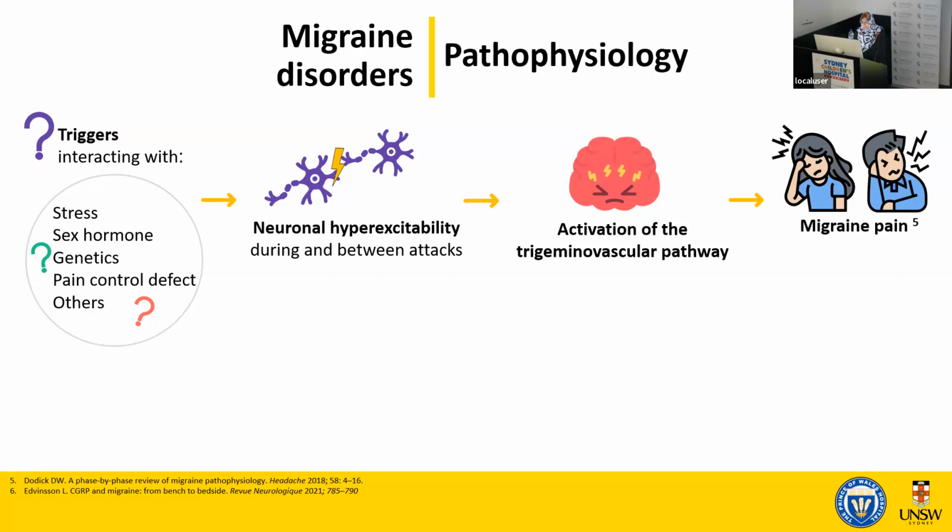But when migraine happens or resolves, imaging studies found that in general, there are some parts of the brain in people with migraine that show increased neuronal activities. These include the activation of the trigeminal vascular pathway that carries nociceptive signals to the higher parts of the brain and the cortex that lead to migraine pain and its associated symptoms. So the hyperexcitability of the brain parts may release certain neuropeptides that trigger the activation of the trigeminal vascular pathway.